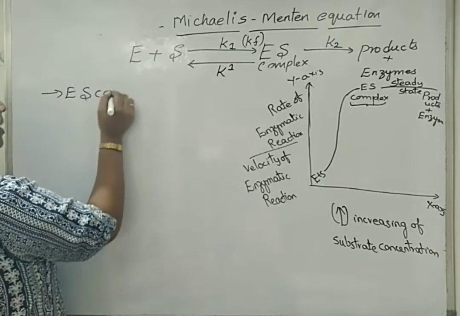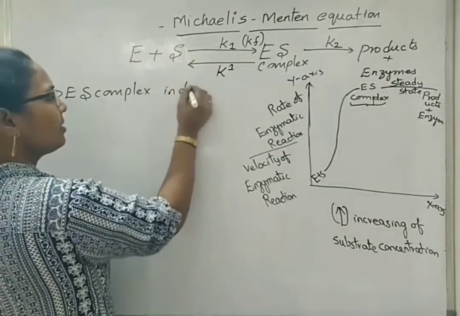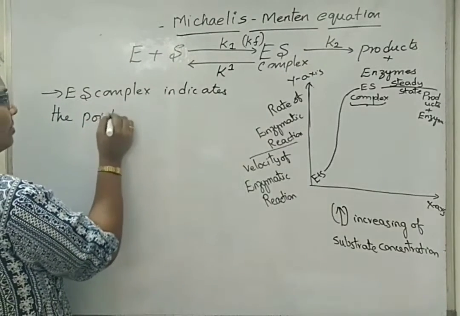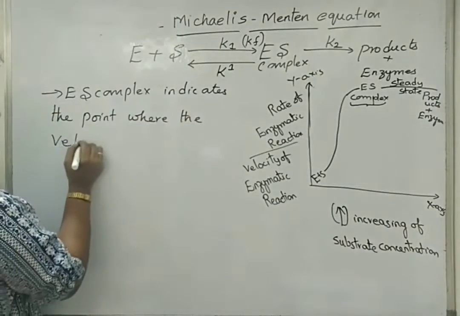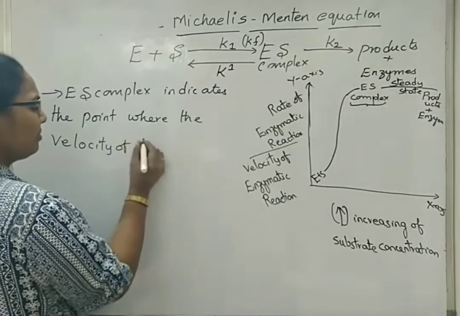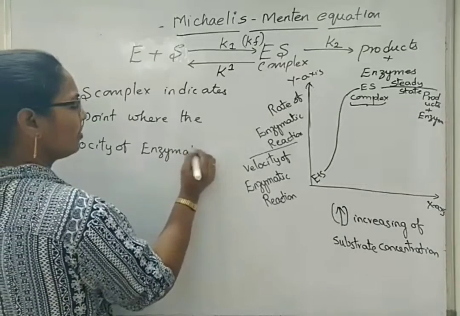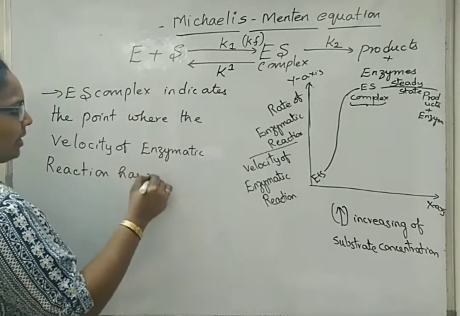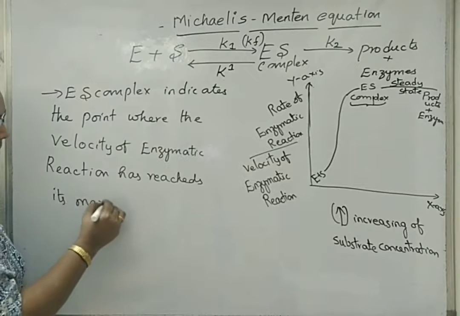The enzyme substrate complex indicates the point where the velocity of the enzymatic reaction has reached its maximum level.